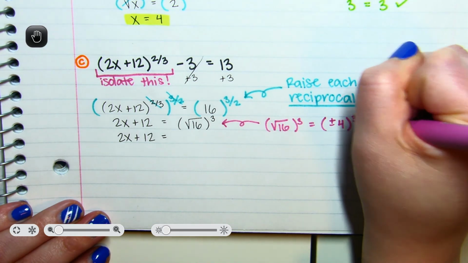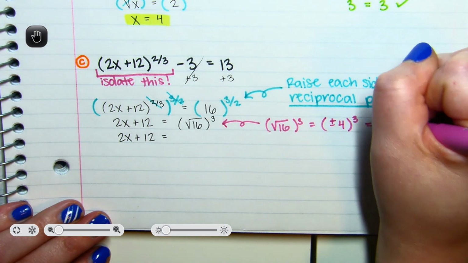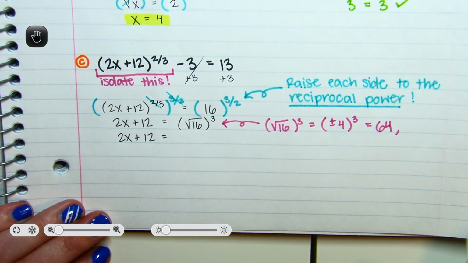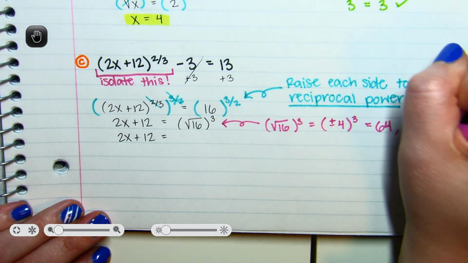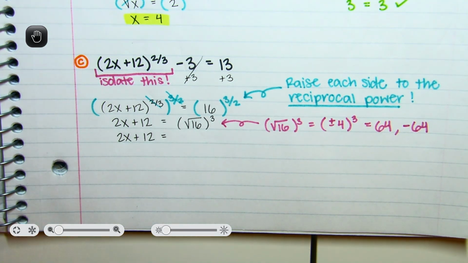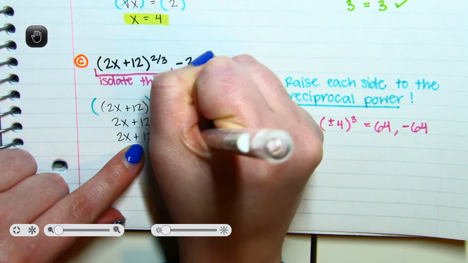So positive 4 to the 3rd power is 4 times 4 times 4, which is 64. But then negative 4 to the 3rd power is negative 4 times negative 4 times negative 4, which is negative 64. So in other words, this thing is equal to plus or minus 64.